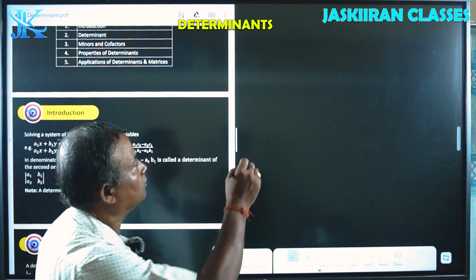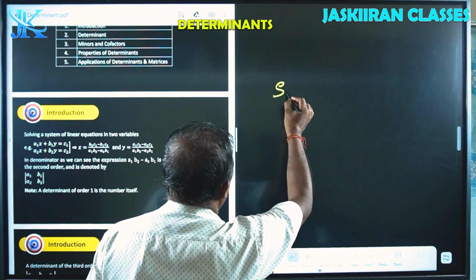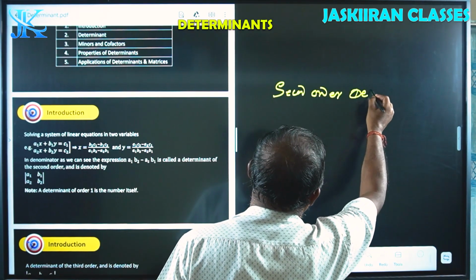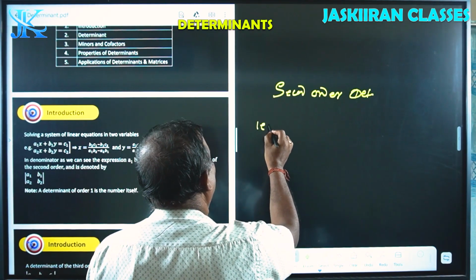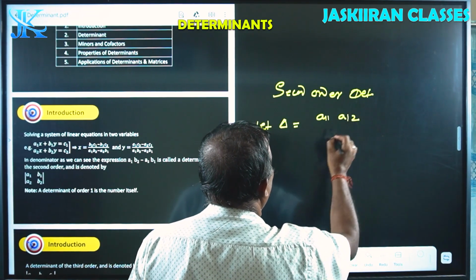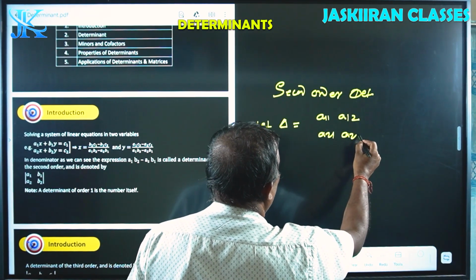Now we discuss the second order determinant. Let del equal a11, a12, a21, a22.